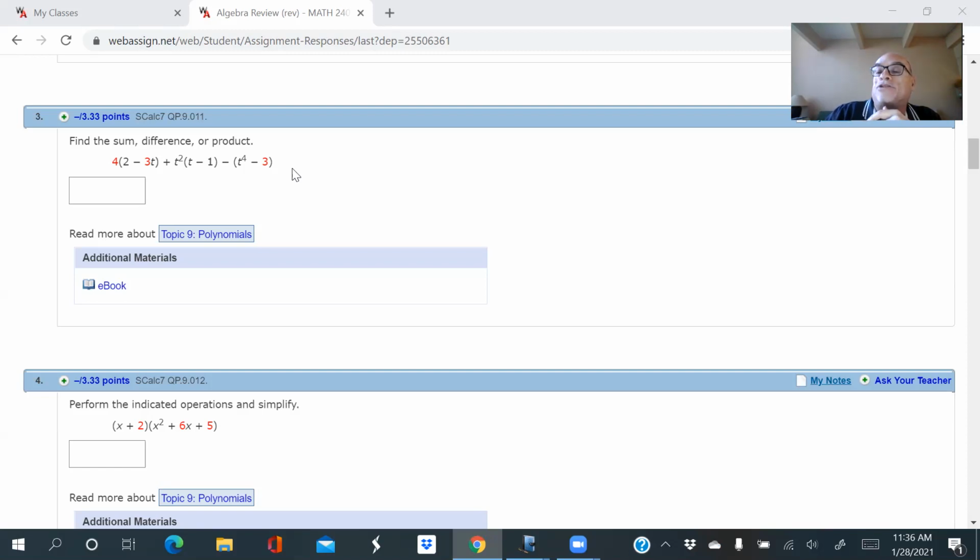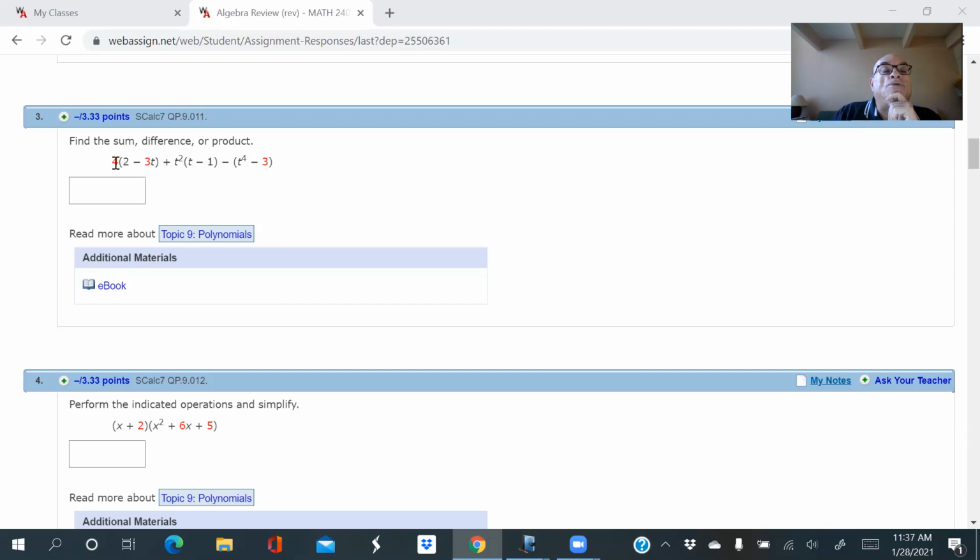Just as a reminder of how to do that, to simplify this expression, you're going to do the multiplications. Wherever you see parentheses, that usually implies some sort of multiplication.